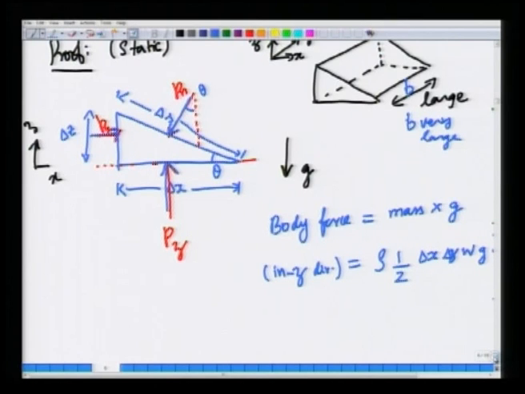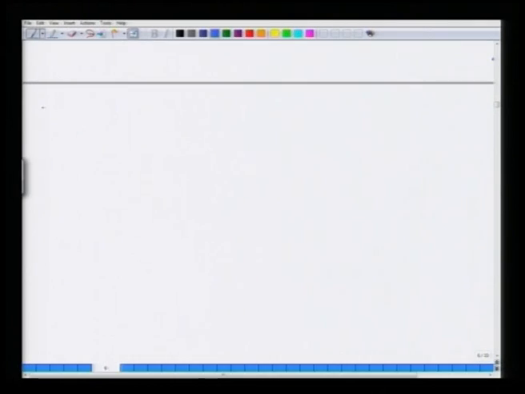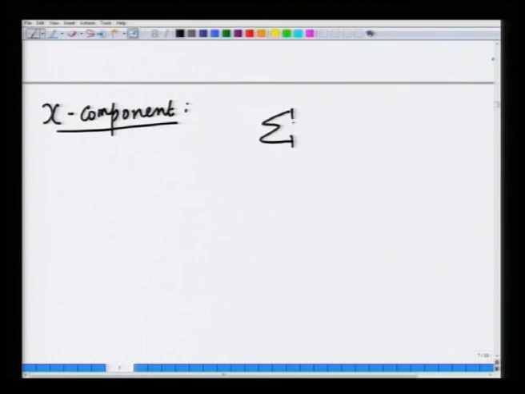Force is a vector, so you have to do the balance component-wise. So, x component of the force. First of all, what is the force balance? It is a static fluid, so by Newton's second law, the sum of all forces acting on this volume element is 0 because the fluid is static. This is from mechanics.